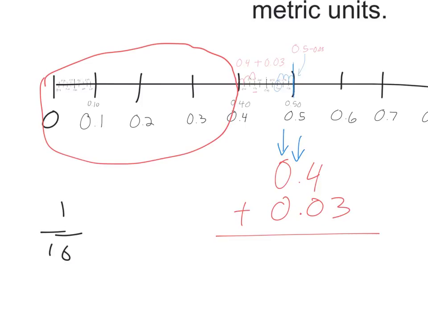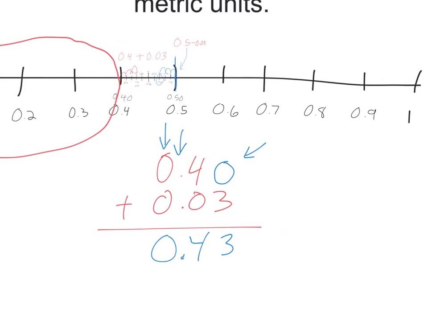But I'm also missing something. I'm missing a hundredths place here. And if I'm missing a hundredths place, I just put a 0 there, and it's the exact same number. Like we've already learned, 40 hundredths is the same as 4 tenths. So now I can do my addition. 0 plus 3 is 3, 4 plus 0 is 4, decimal point goes straight down, and I have my answer, 0 and 43 hundredths.